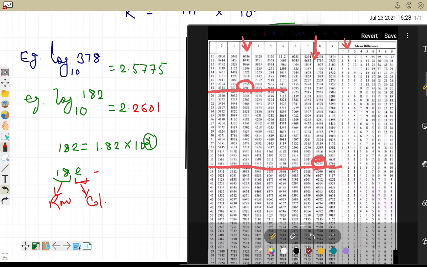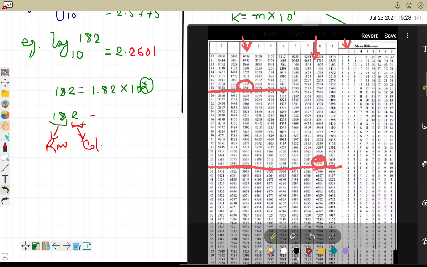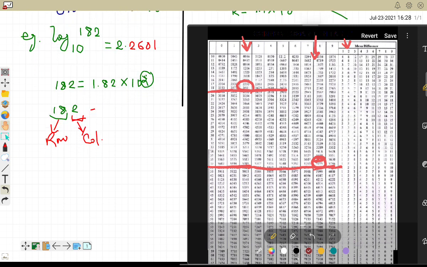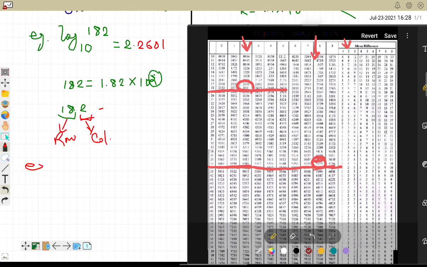But in case of 4 digits, take the same example: find the value of log 1824 with base 10, then what is the value? First we need to find the characteristic.